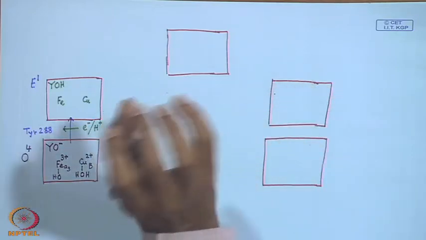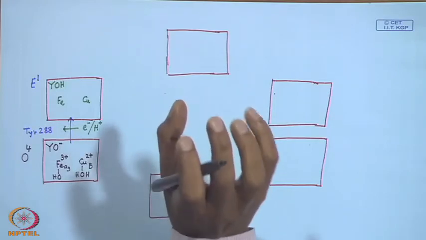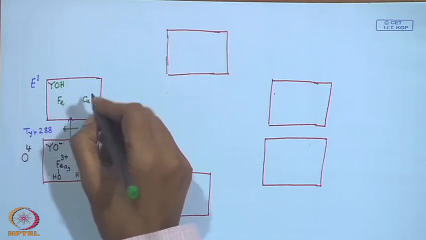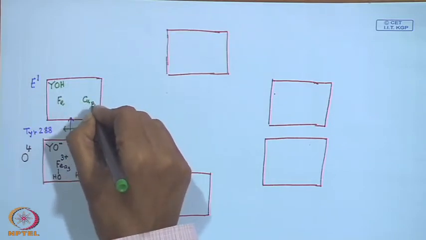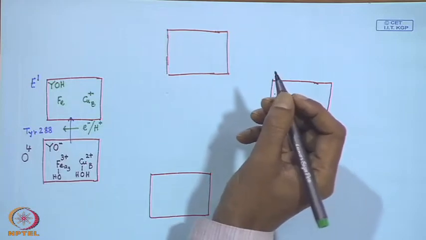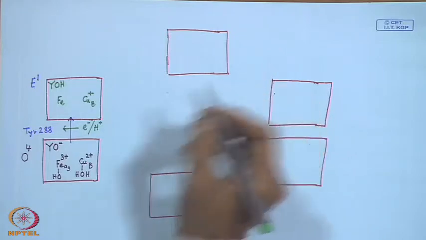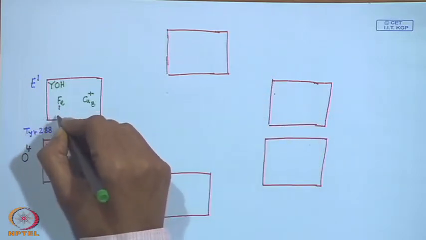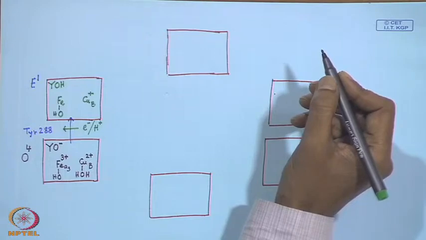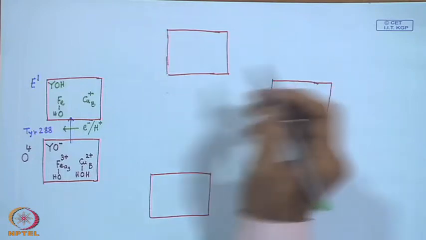As you move from one site to another, you have a corresponding potential gradient. So in the first case it is your copper site which will be reduced. Cupric copper will be converted to cuprous copper, and the same iron, which is still bound to your OH function, you get as your E1 state.